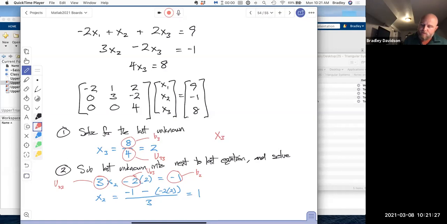Let's write this out, starting with x3. Our x3 is b3 divided by u33. x2 is b2 minus u23 multiplied times x3, and then dividing everything by u22.